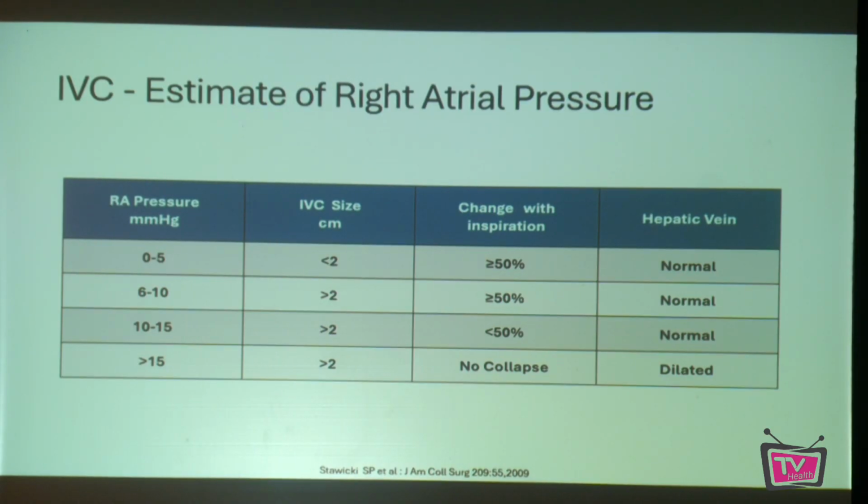So you can use other things, like velocity time integral, like LVOT VTI. Or if you are not sure about the calculation, you can just put the probe in the heart short axis view and look at the volume status assessment on that.